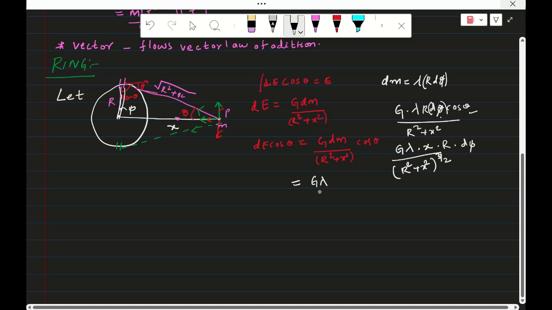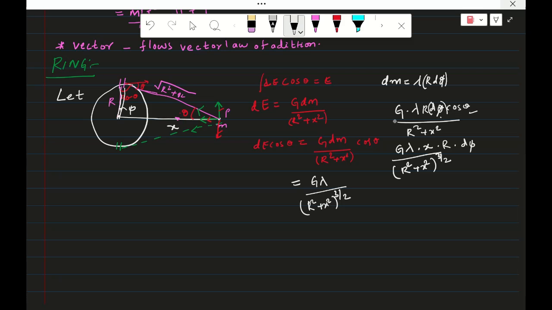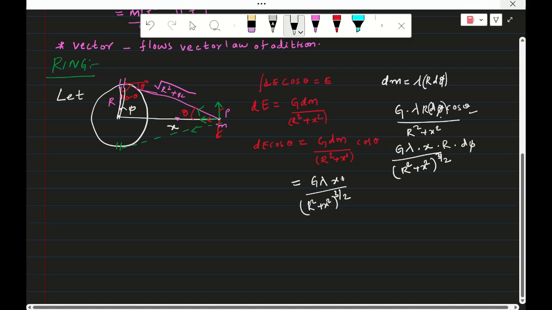G lambda into r square plus x square whole power 3 by 2. So cos theta is here. I substituted the dm value and I got this one: x into r into integral 0 to 2 pi d phi.